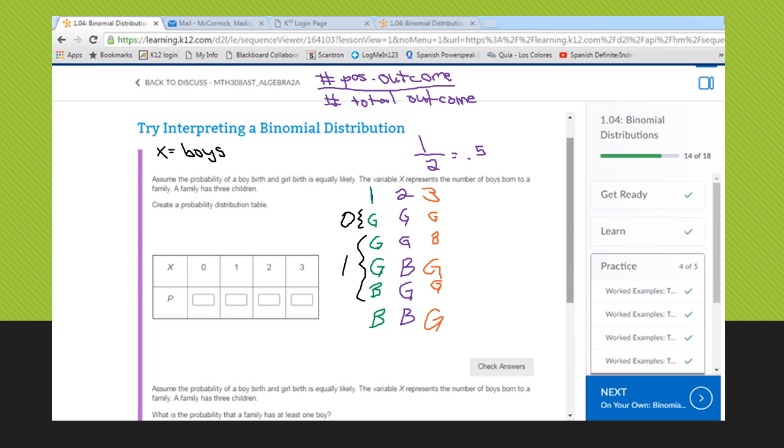Then the other option is for our boy to come first, a girl to come second, and a boy to come third. So I hope that you can see these patterns as we're going through the situation, and we're really just setting up the problem at this point. So then the last option is that we could have a girl first and then two boys.